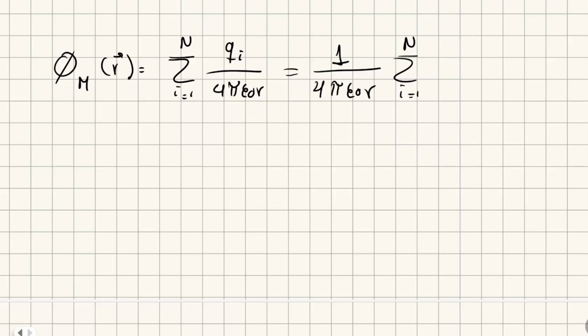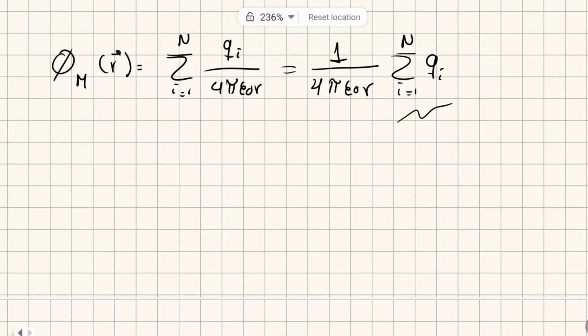These sums are going to define what we know as electric moments. In this case, this sum of qi is going to define the monopole moment, because it is for the monopolar term of the electric potential. So this is the monopole moment.